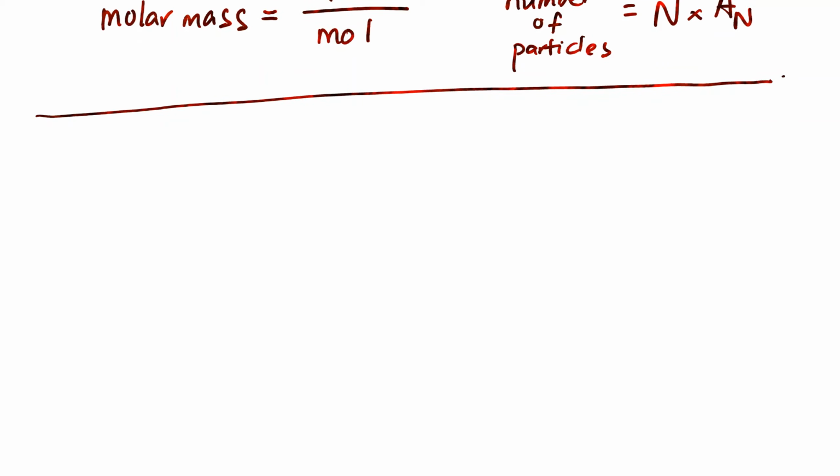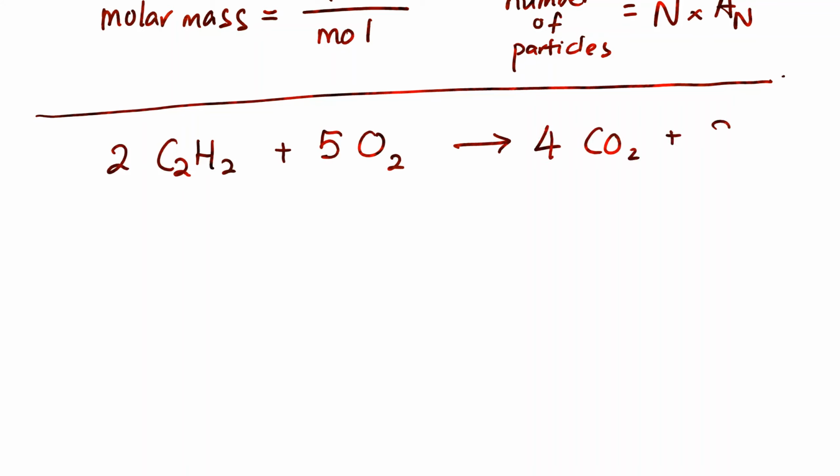Let's say the question is like this: 2 moles of C2H2 react with 5 moles of O2 to give you 4 moles of CO2 and 2 moles of H2O.